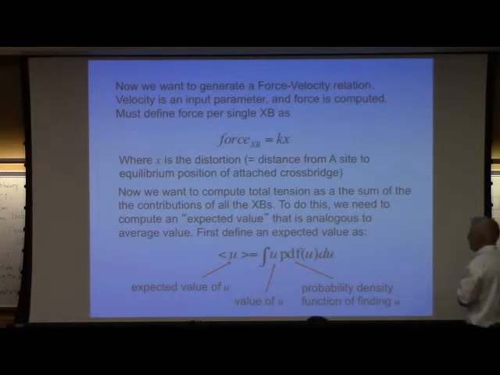So to compute force, we have to compute something called an expected value. If people haven't taken probability or haven't seen this before, an expected value is in a way an average value, or a weighted average. So we take all the values of mu here and weigh them by this probability density function. And that will give us what we call the expected value.